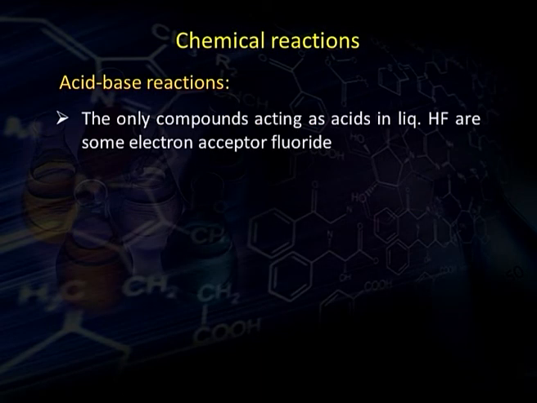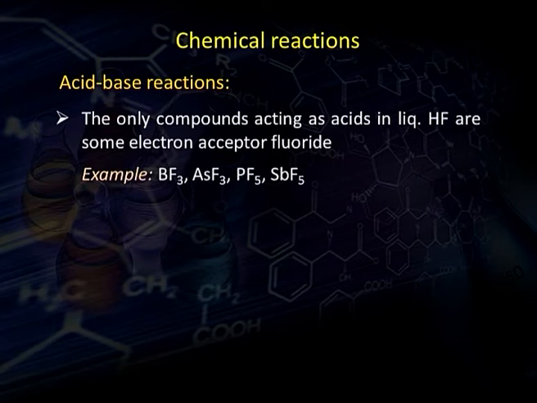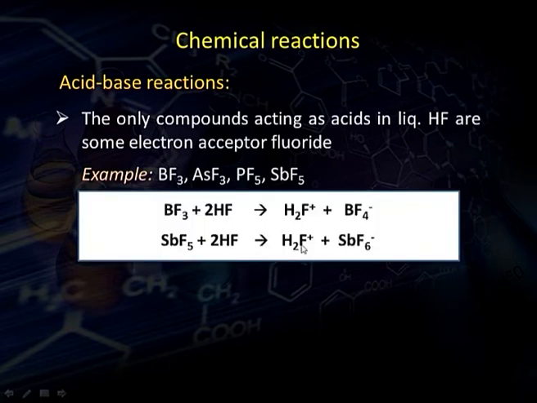The only compounds acting as acid in liquid HF are some electron acceptor fluorides. Example, BF3, AsF3, PF5 and SbF5. So, all these are electron acceptor fluorides and these behave as acids in liquid HF. Here we have the equations.